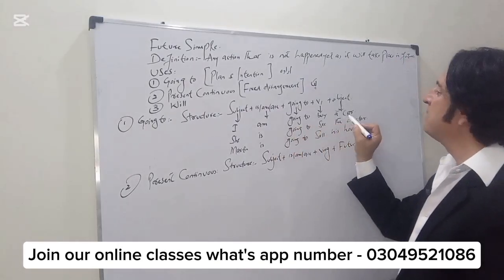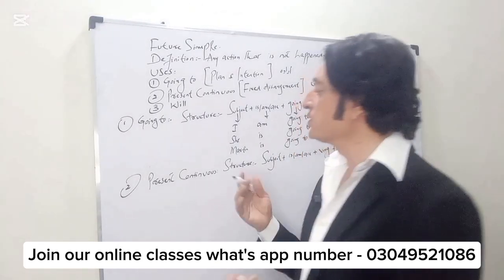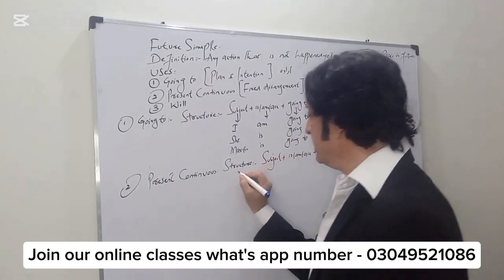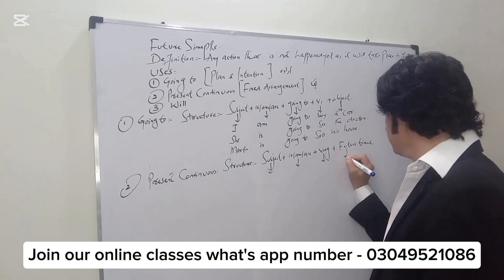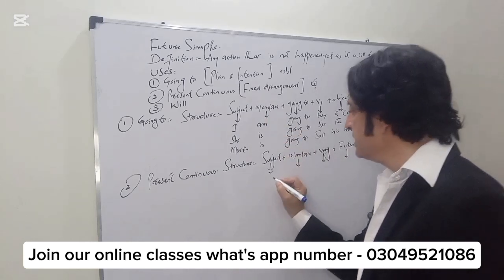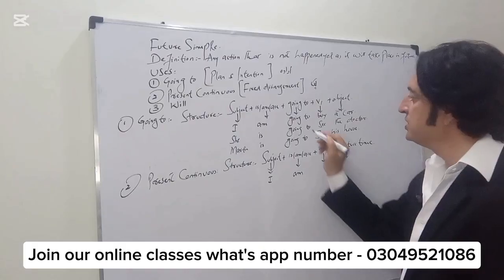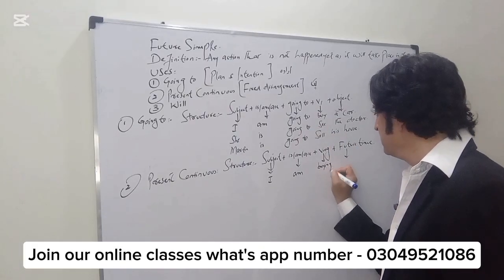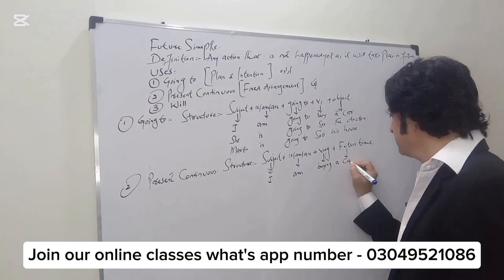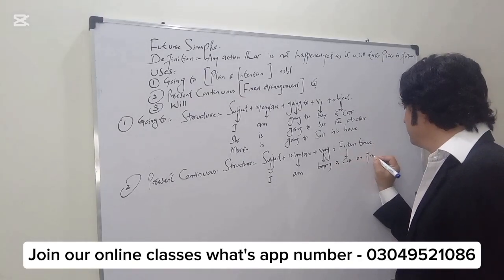All right, in going to, when you have this intention, the irada, use going to. I am going to buy a car. How do you convert this to present continuous? Subject I, helping verb am, verb ing form. Buy becomes buying. I am buying a car on Friday.